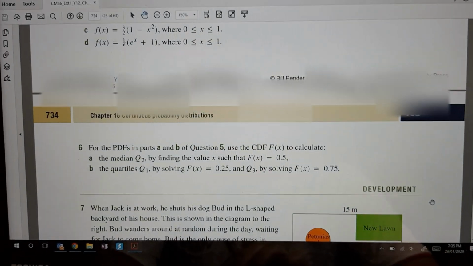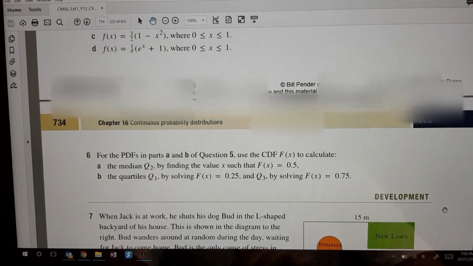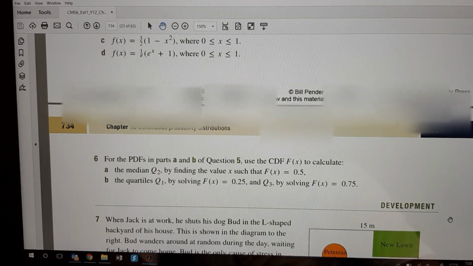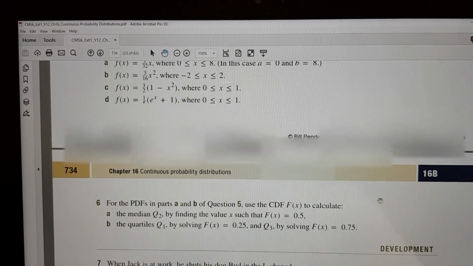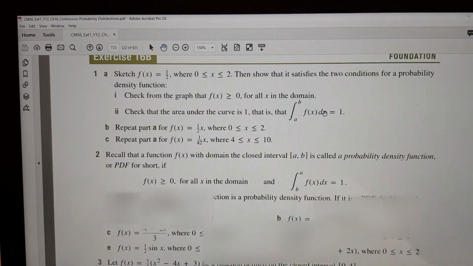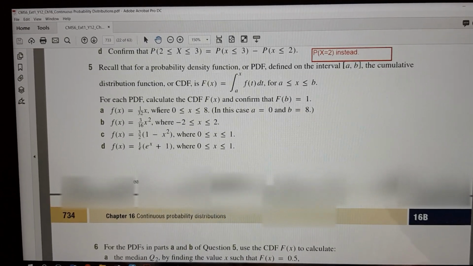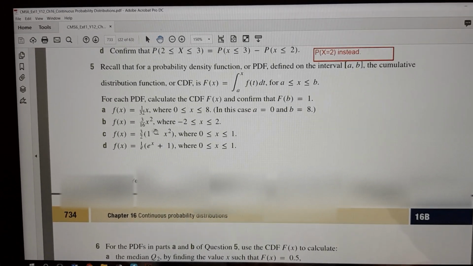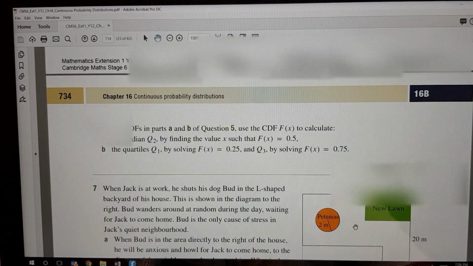Let's see what the question is asking you to do. Of course, you just got to do A and B, but you have to use the functions from question 5. Now, out of A and B, I'm just going to do B, the quadratic case, and I trust that you could do the linear case yourself.